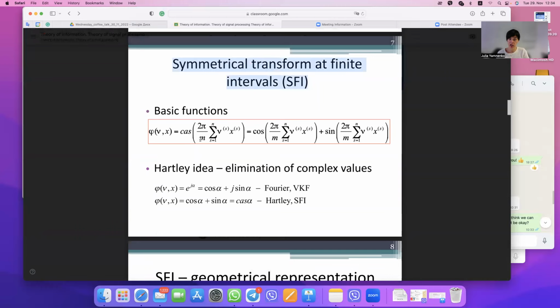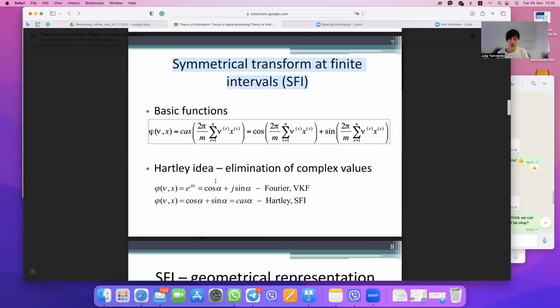Here we use the Hartley idea of cosine plus sine, and inside the bracket as the argument of these two functions, cosine and sine, we use the idea of Vilenkin and Christensen about different bases of counting systems. So here we use the representation of two variables, nu and x, in the counting system with the base m.